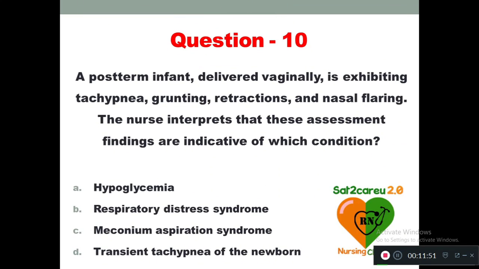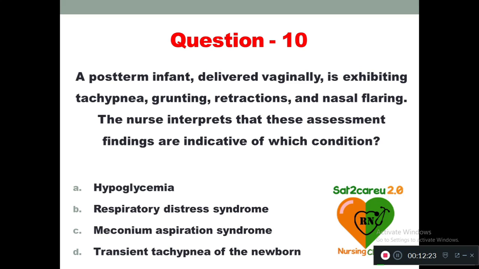A postterm infant delivered vaginally is exhibiting tachypnea, grunting, retractions, and nasal flaring. The nurse interprets that these assessment findings are indicative of which condition? Option A, hypoglycemia, B, respiratory distress syndrome, C, meconium aspiration syndrome, and D, transient tachypnea of the newborn.